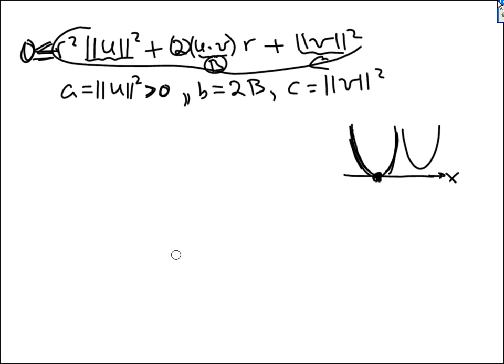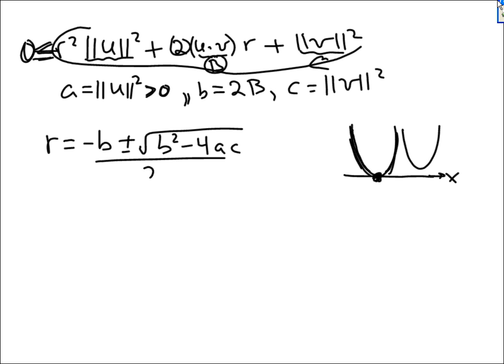And remember, the quadratic formula is as follows. We have by the quadratic formula that r is negative b plus or minus the square root of b squared minus 4ac all over twice a.